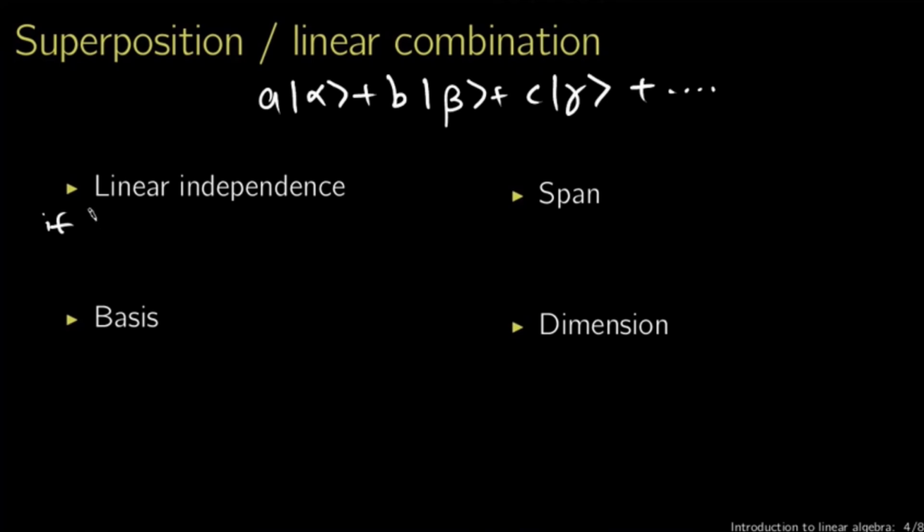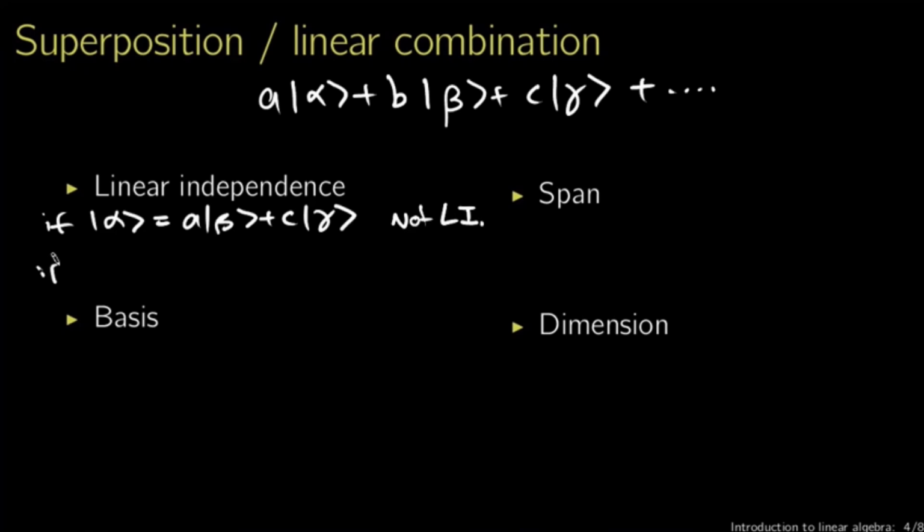If I can write alpha is equal to, say, a times some vector beta plus c times some vector gamma, then you say this set, alpha, beta, and gamma, is not linearly independent.